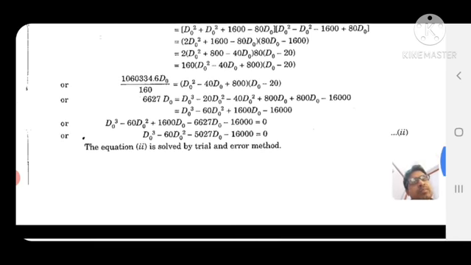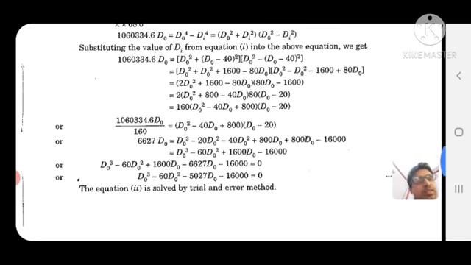Okay, so 2 d0 square plus 1600 minus 80 d0, 80 d0 minus 1600, that is equal to 2 d0 square plus 800 minus 40 d0. So 80 d0 minus 20. So 160 d0 square minus 40 d0 plus 800 d0 minus 20.